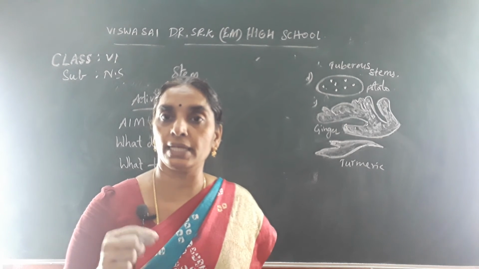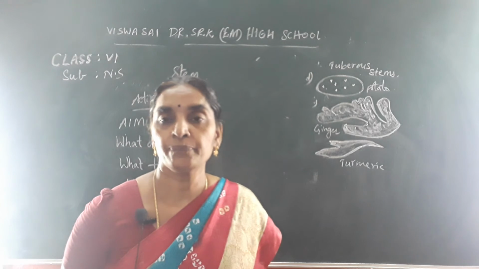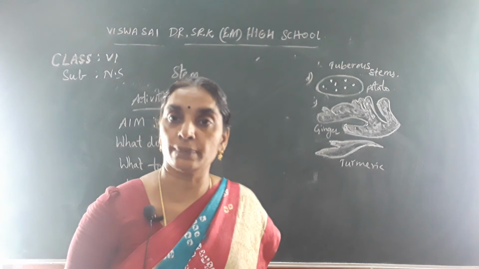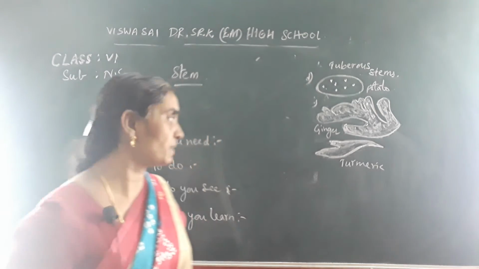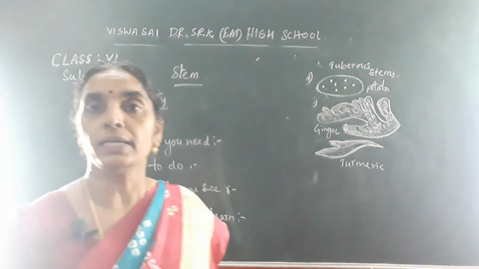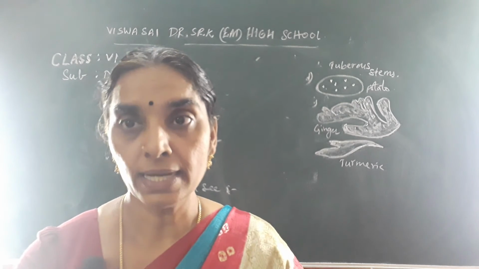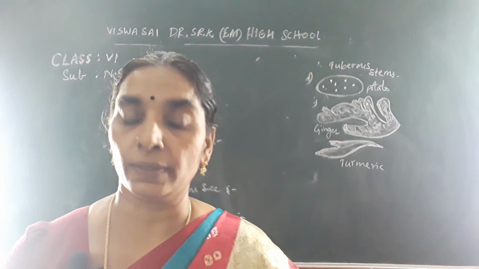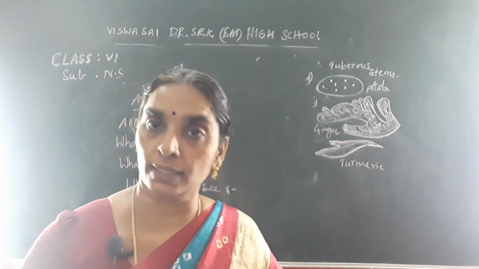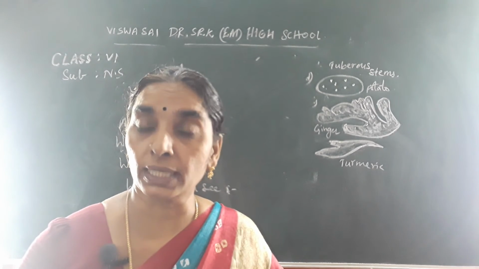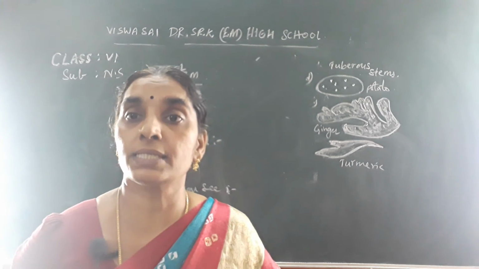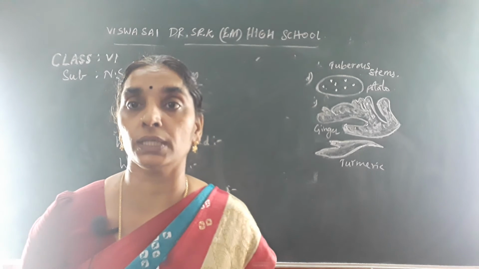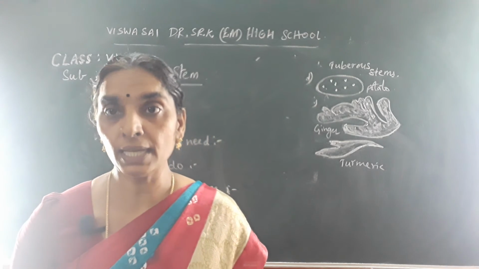Then you see that the red ink has passed through the stem, that is, conducted from the roots. Okay, from this you can understand that. The observation is, what did you see here? The red ink has been conducted to the stem and other branches and leaves over there. From this experiment you can infer, that is, come to the conclusion that the stem conducts the water and mineral salts absorbed by the root to all the other parts of the plant.